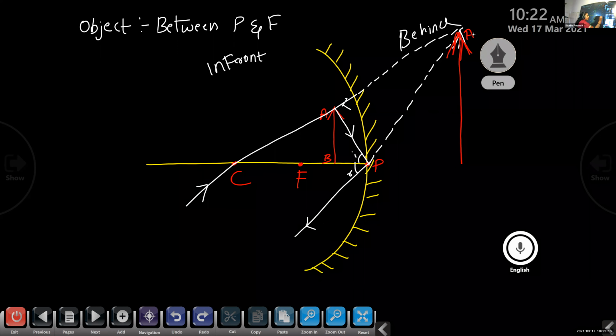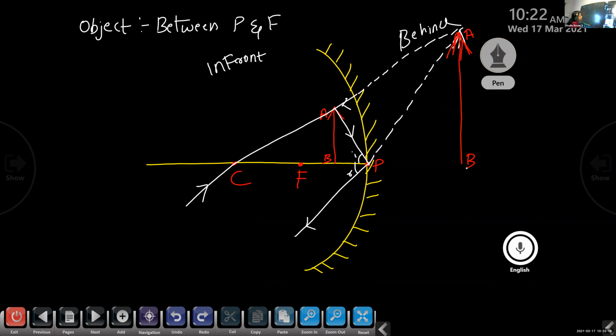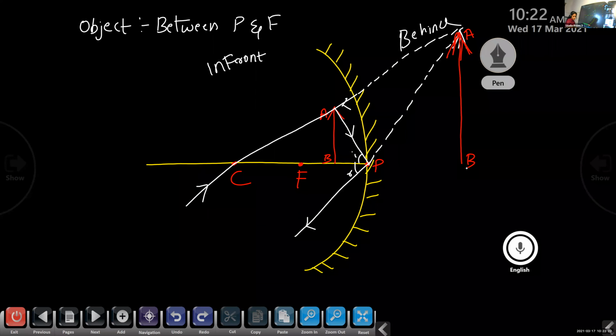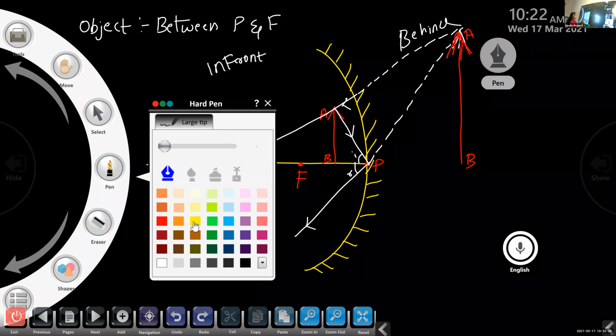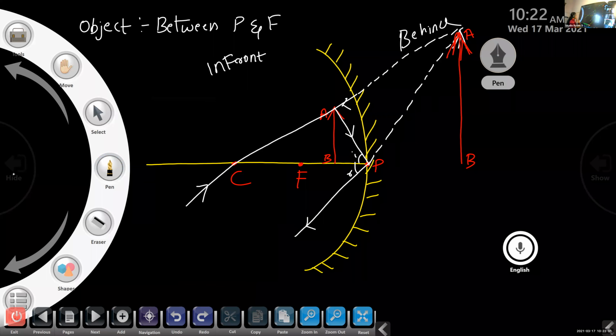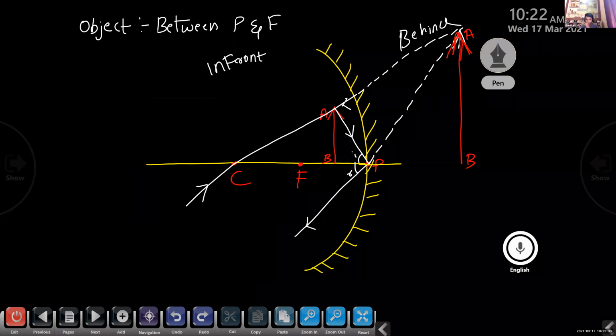So we can write AB. And what about the size of the image formed as compared to the size of the object? Is it small or large? Yes, it is large in size.